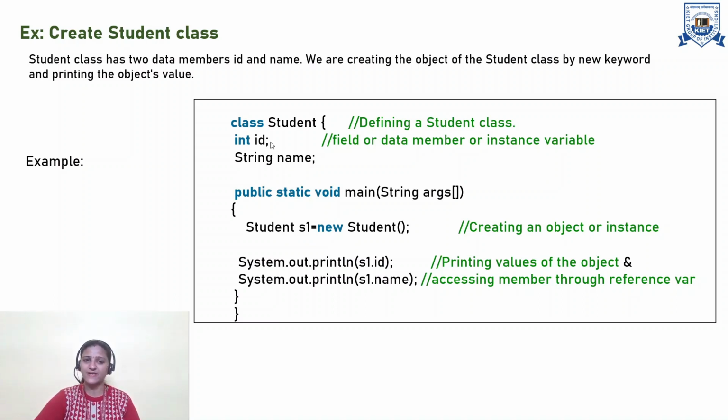Two members are there, ID and name. To access them, we can use this reference variable or object name, separated with the dot symbol. So s1.id, s1.name. This way we can access the members through this reference variable. In this case, as we have not provided any initial value to these attributes, by default the integer value contains 0 and the string contains null. So it will display 0 and null.